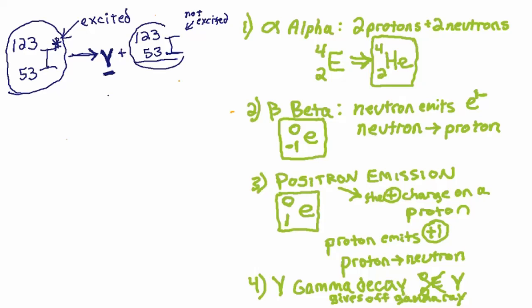So the answer to this would just be plain old iodine 123 isotope. And it's worth noting that this gamma ray that is shot off is also called a photon. Well, it's a type of photon. Not all photons are gamma rays, but all gamma rays are photons.